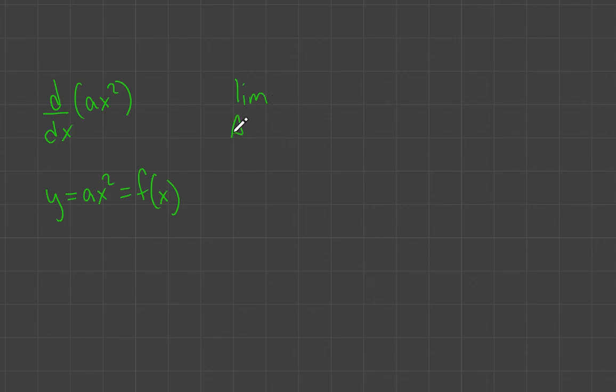And to do another one for you the long way, what is the derivative of ax squared? So again, in this case, y is equal to ax squared, which is a function of x. So we are trying to take the limit as delta x goes to 0 of some function written out as this.